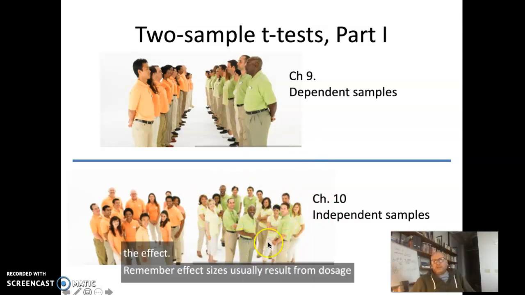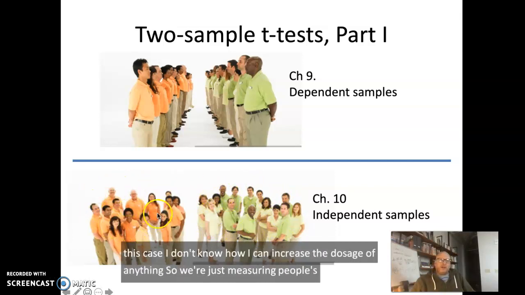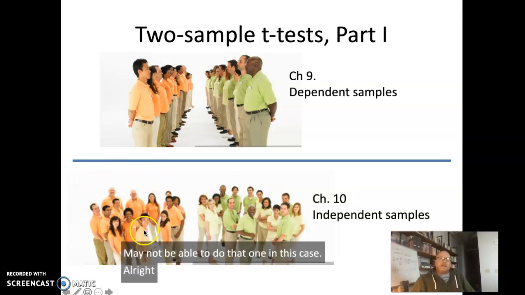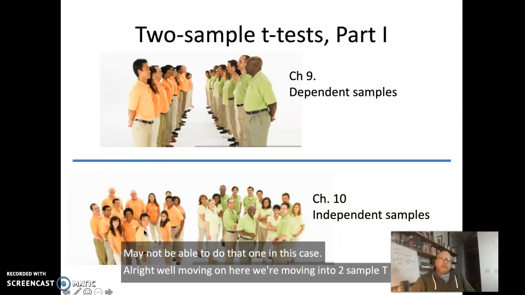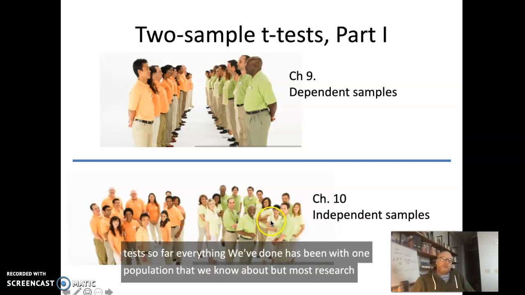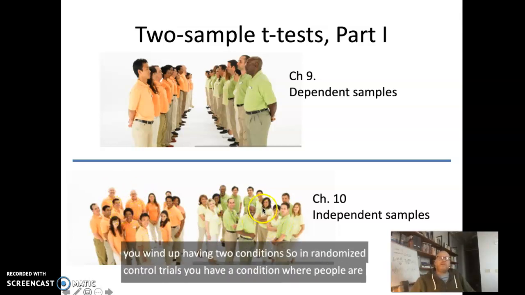Now down here, if this is a drug study, that group might have the placebo and that group might have the drug. And if I picked someone out of this group, let's say that guy right there, it doesn't tell me anything about anyone in that group. In fact, when I'm done, my t-test will just compare the average of the group to the average of that group and see if there's an overall difference.